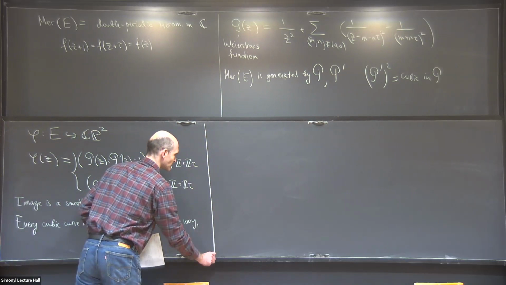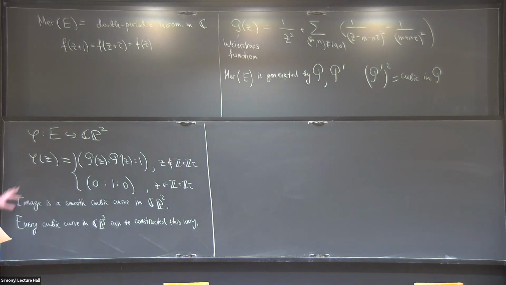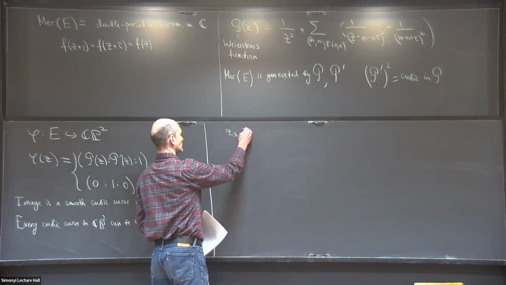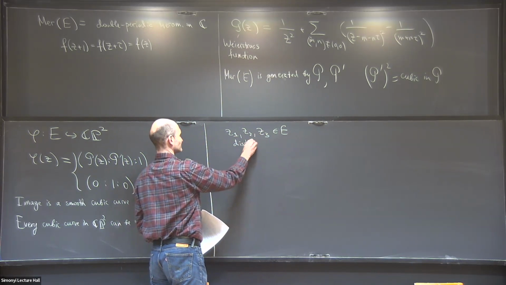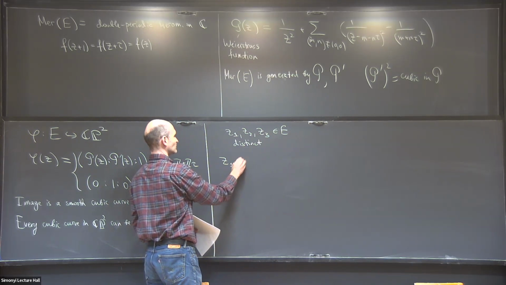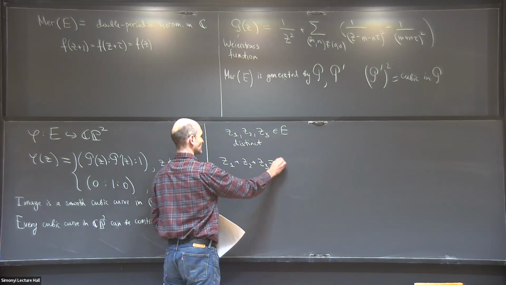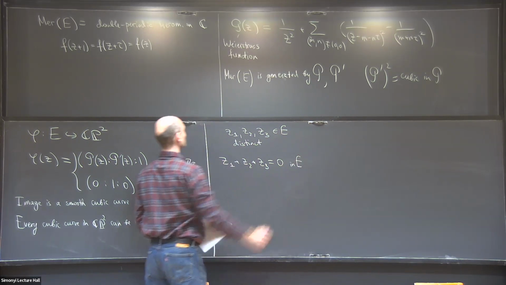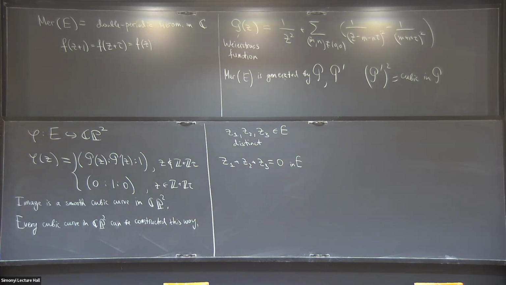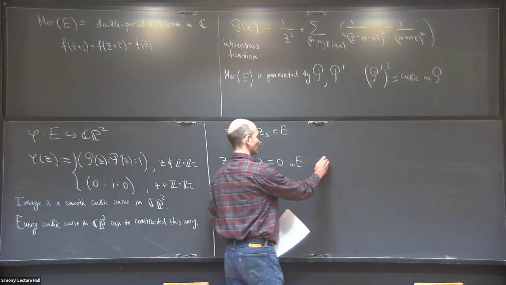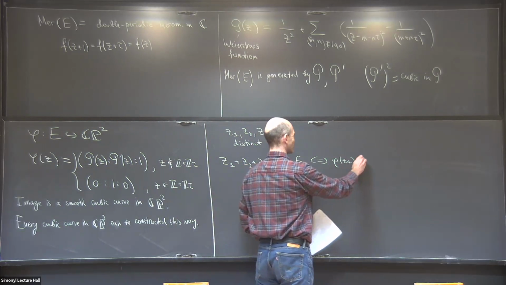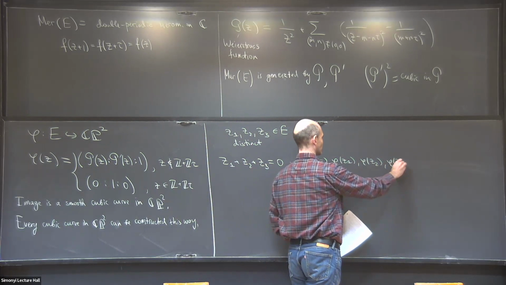So what I will need is the following. One interesting feature of this embedding is that if you have z1, z2, z3 in E, let's say distinct, then z1 plus z2 plus z3 being equal to 0 in E, so E is the quotient of an additive group by a subgroup, so it has a group structure, it's a compact Lie group, the sum is 0 in E if and only if the images of these points are collinear in CP2.